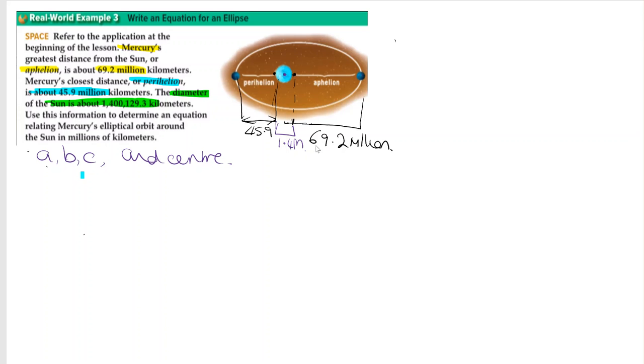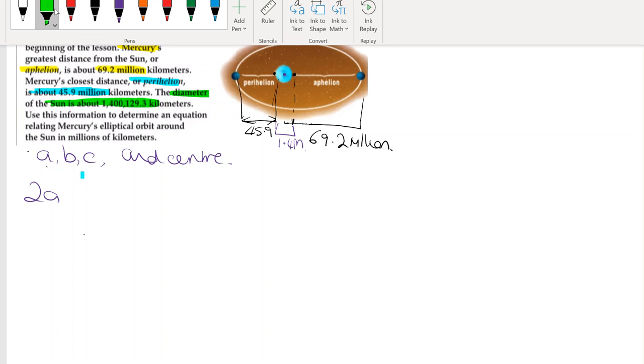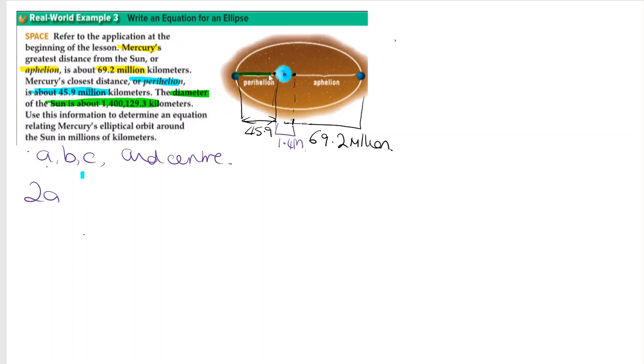So the first thing we can do is to find A. So 2A is going to be our major axis. To work this out, we just need to add 45.9 plus 1.4 plus 69.2.